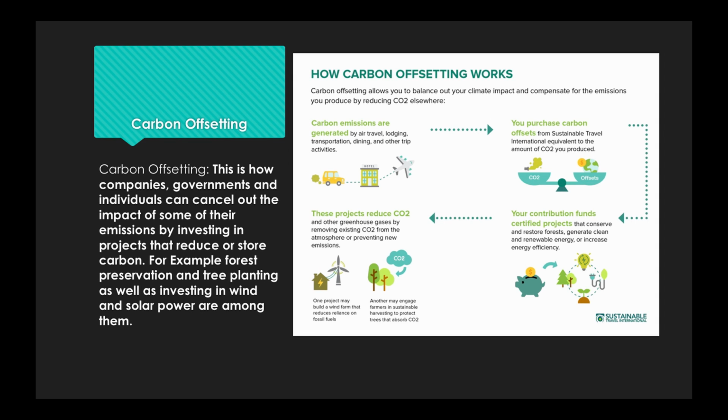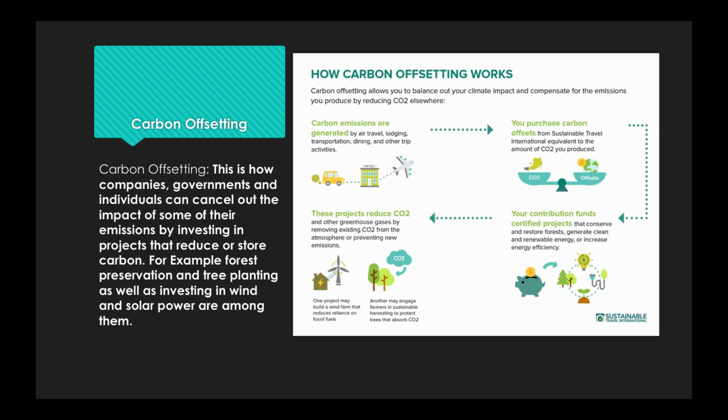So you can purchase carbon offset from Sustainable Travel International equivalent to the amount of CO2 you produce. So for example, when you take a plane flight, you have the option when you buy your ticket to pay extra to offset this carbon. So the companies, from the money that you pay, will plant trees and use renewable energy where they can.